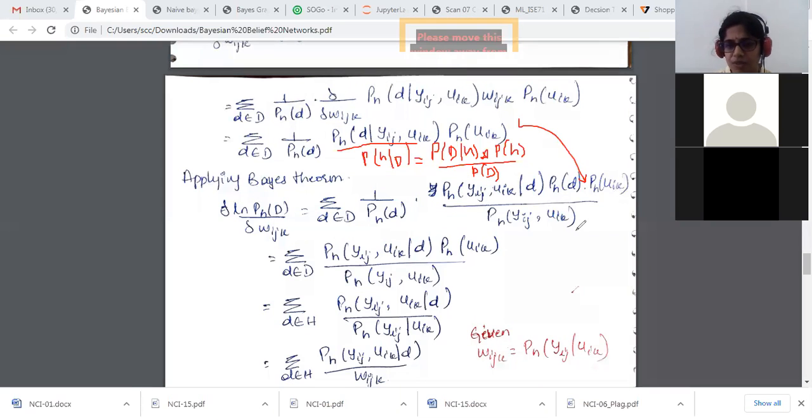Now I have all of these terms that have been specified. When I'm applying this, P of h and this get cancelled over here. So I have two terms getting cancelled, and once those are cancelled, I get all the remaining terms with this particular part.